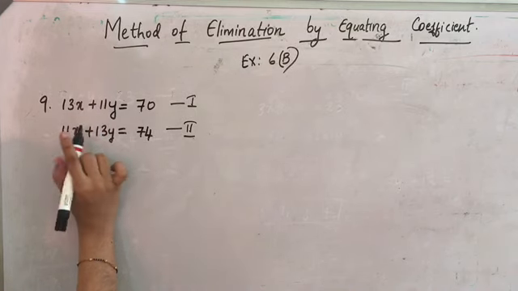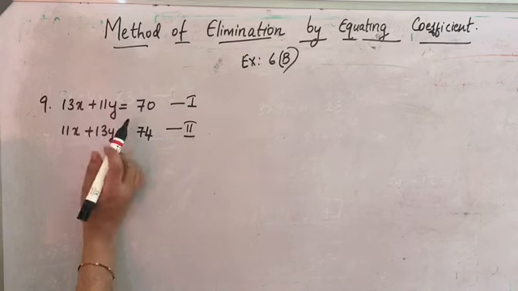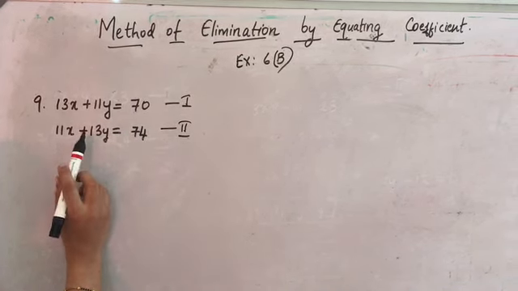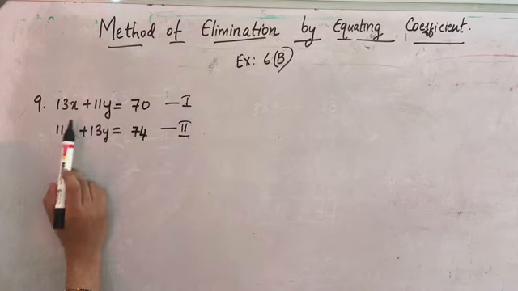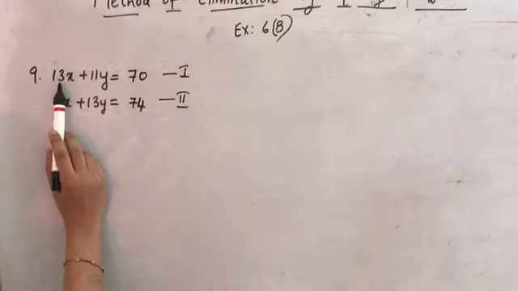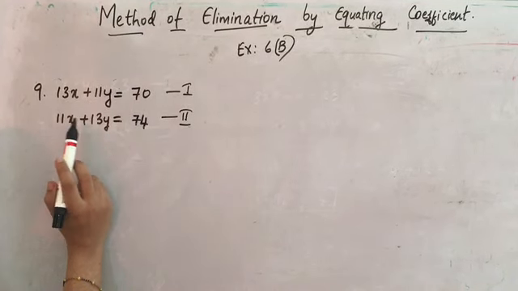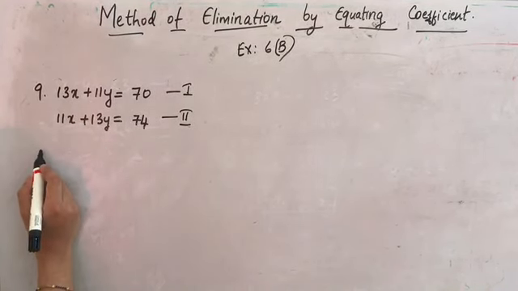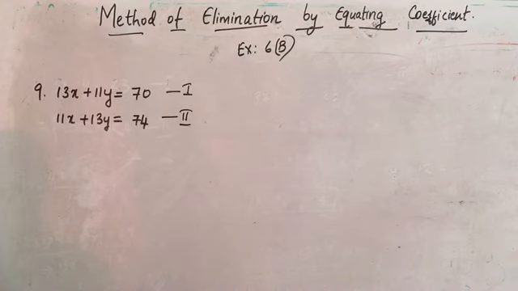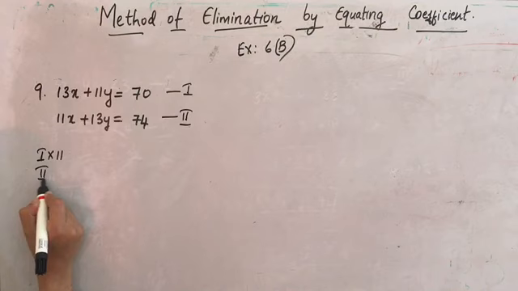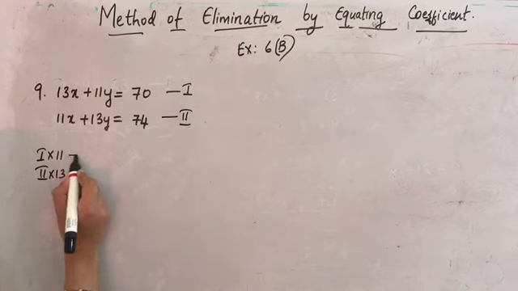Similarly, the second. If you are multiplying the first equation with 11, you have to multiply the second equation by 13. And the other way. Because here the coefficients are interchanged. The coefficient of x here is for y, and the coefficient of y is for x. So now I am multiplying the first equation with 11 and the second equation with 13. Let's see.